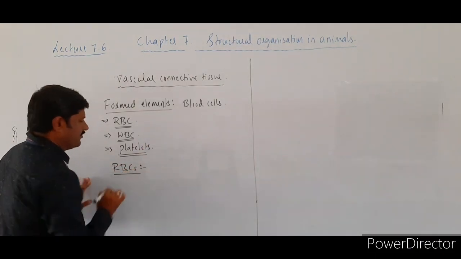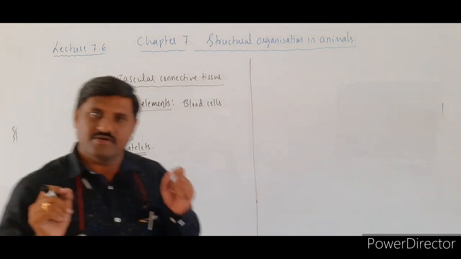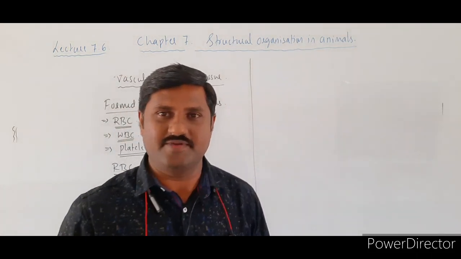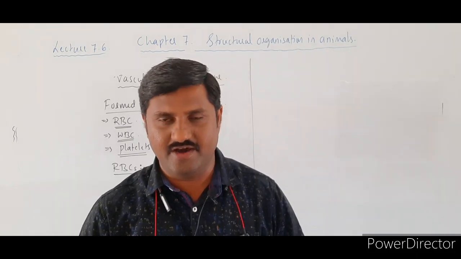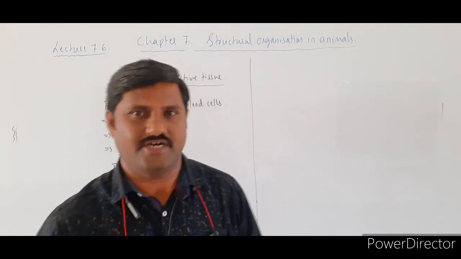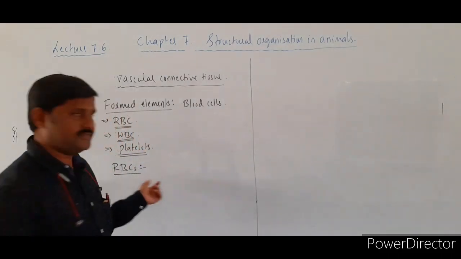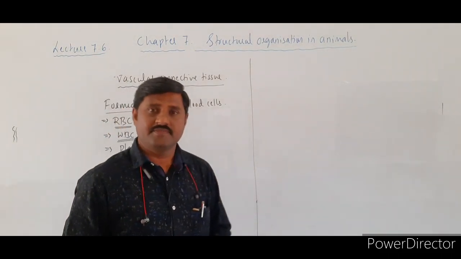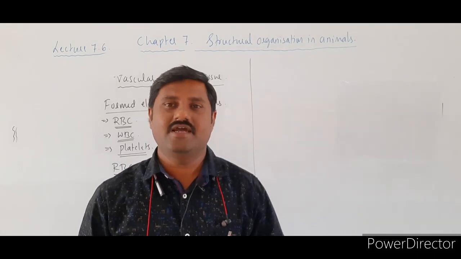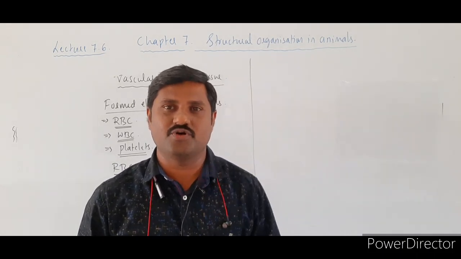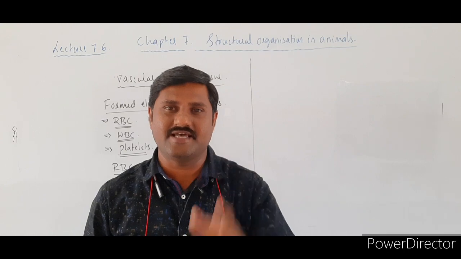What are these RBCs? What is the unique nature of these RBCs? How many RBCs are there per 100 ml of blood? Everything we study here now. RBCs are disc-shaped microscopic enucleated cells.